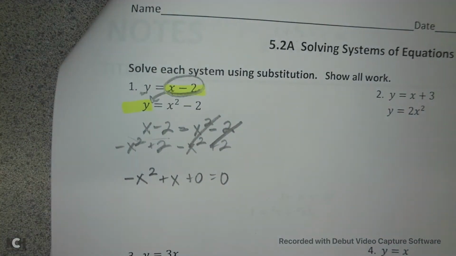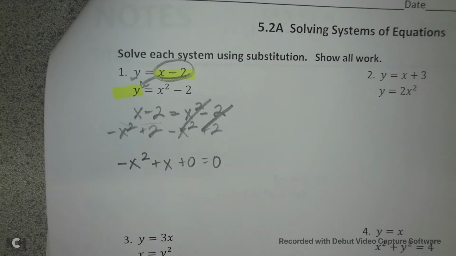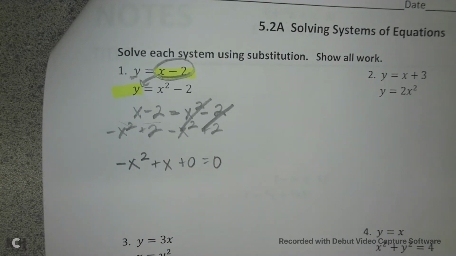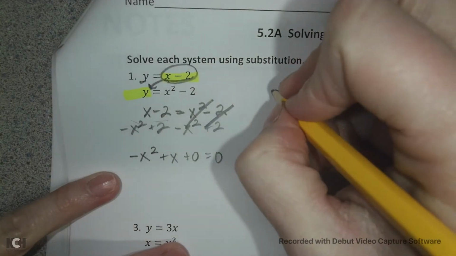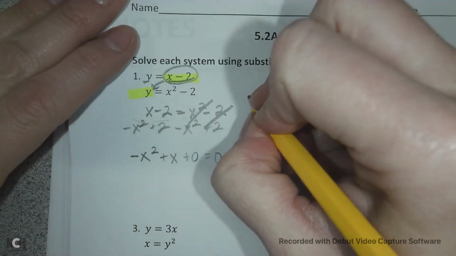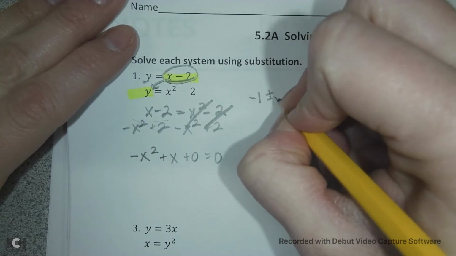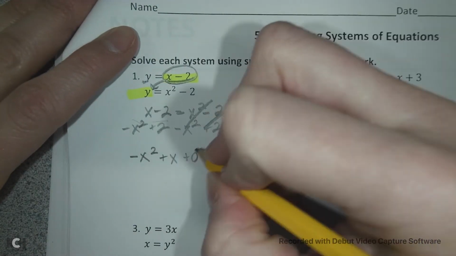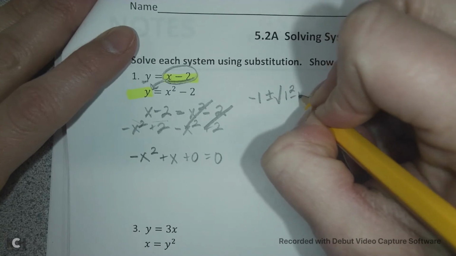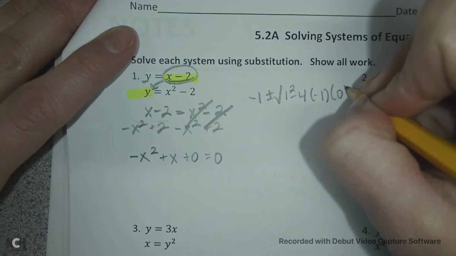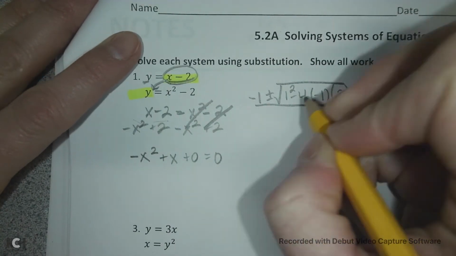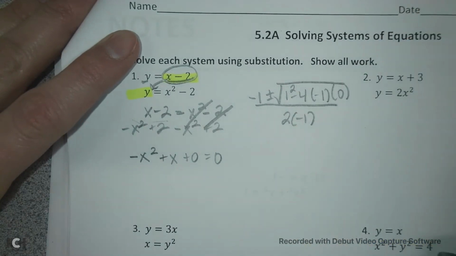So now we have to solve for x. We have two options here. We can big X, or we could just use the quadratic formula, and I'm going to choose to just use the quadratic formula. So we have negative 1 plus or minus the square root of b squared minus 4ac all over 2a.